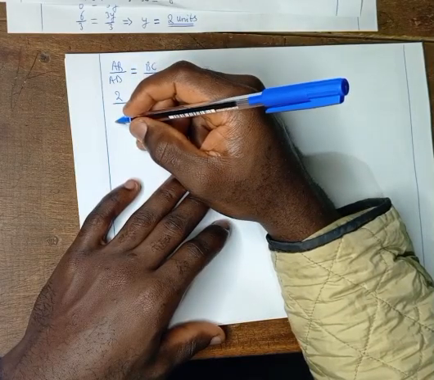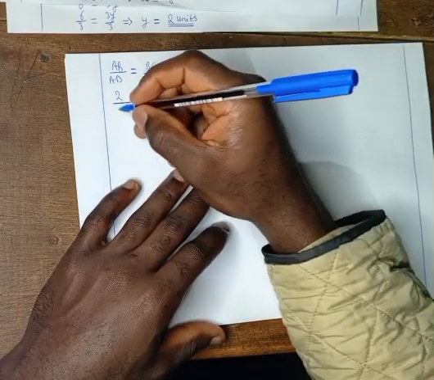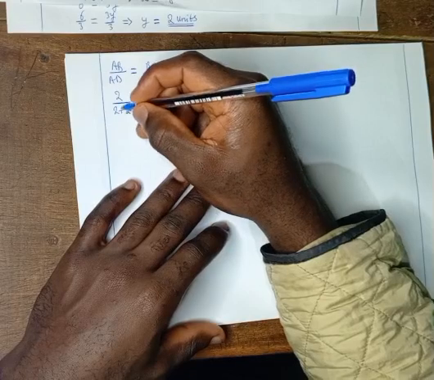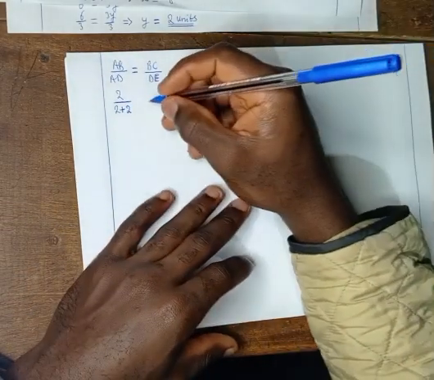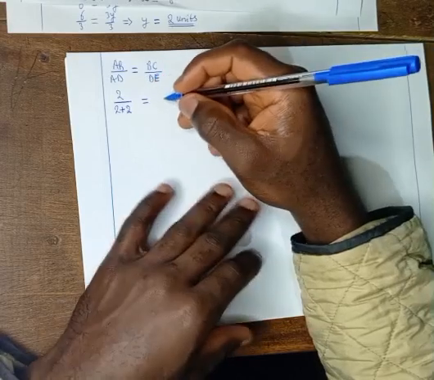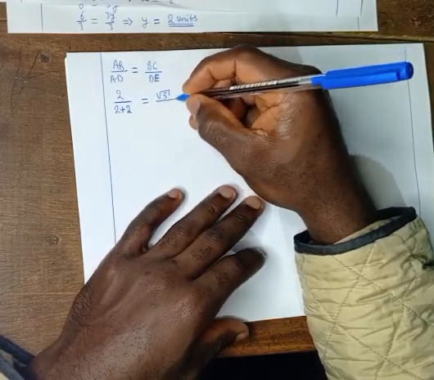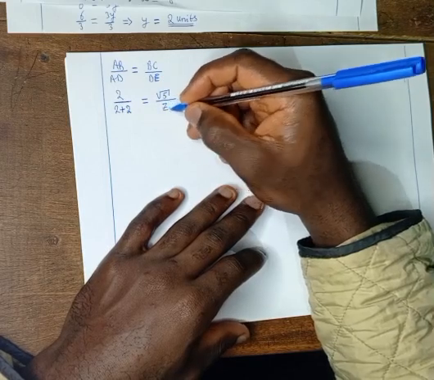AD is of dimension 2 plus y, and 2 plus y is the same as 2 plus 2, since we just calculated y, which is 2. So this has to be equal to DC, which is of dimension root 5, all over DE, which is of dimension Z, what we are looking for.